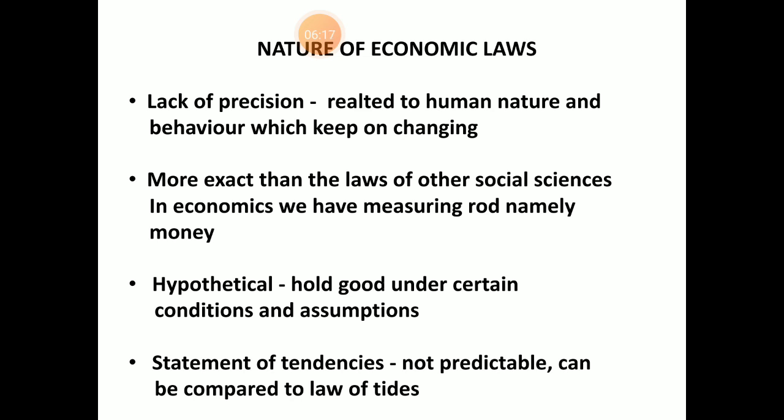We can only predict what is likely to happen. For example, according to the law of supply, as the price rises, supply increases. But this may not always be true. It is on account of their uncertainty and unpredictability that Professor Alfred Marshall has compared the laws of economics to the laws of tides rather than to the simple and exact law of gravitation.